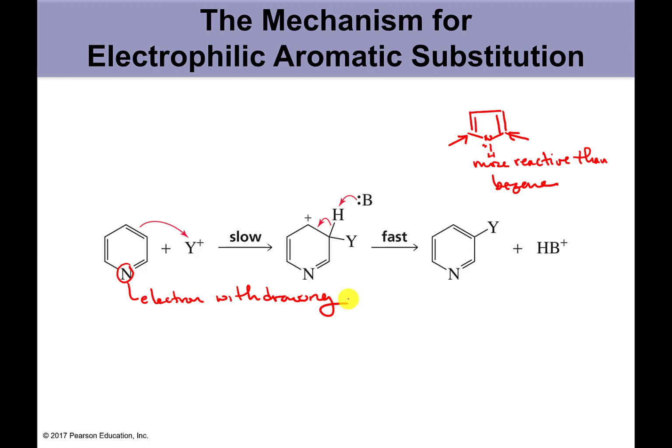The lone pair that's on the nitrogen can't actually contribute electron density to the ring because of its position in the plane of the ring. So the consequence is this nitrogen, its role in the ring is to slow the reaction down and direct substituents to the meta position relative to the nitrogen.